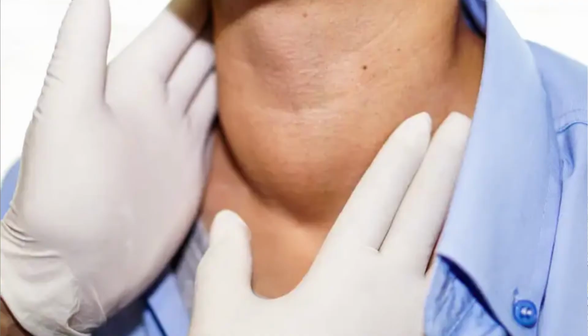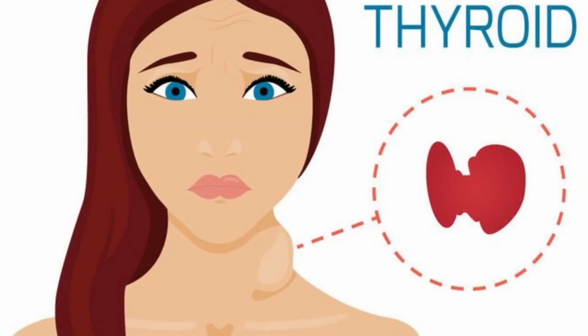Okay. If the thyroid gland is overgrown and is quite prominent, do you go for a surgery option, or is it always treated with medication? So in patients who have a large thyroid gland, we call it goiter.